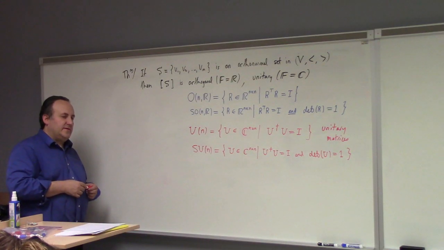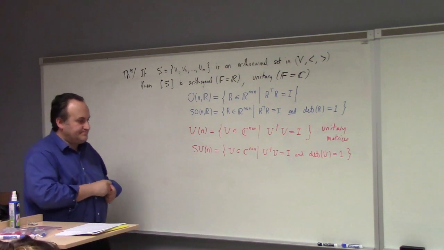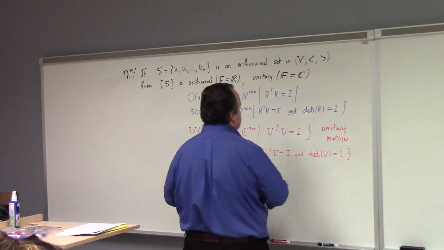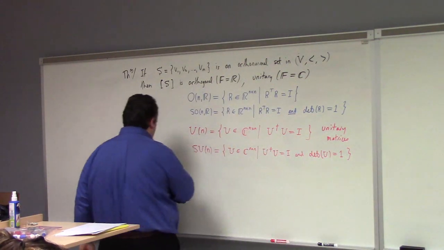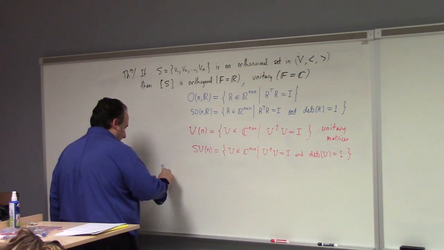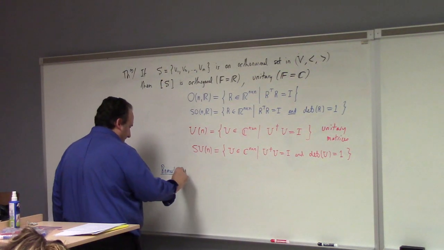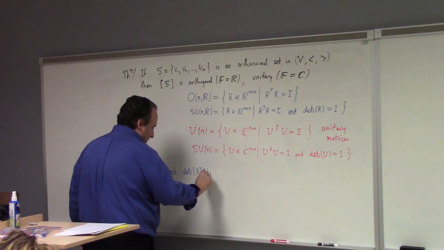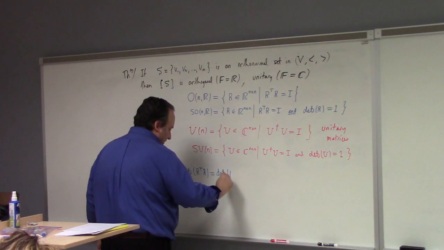What can you guys tell me about the determinant of an orthogonal matrix? If we take the determinant of R transpose R equals the determinant of I, that implies what?